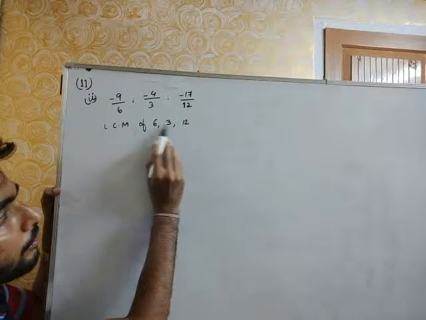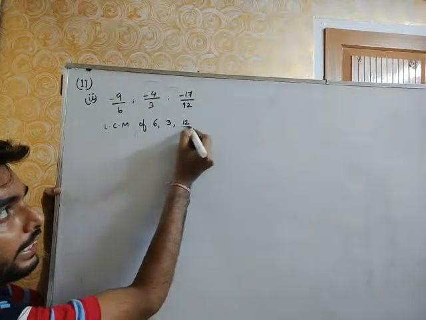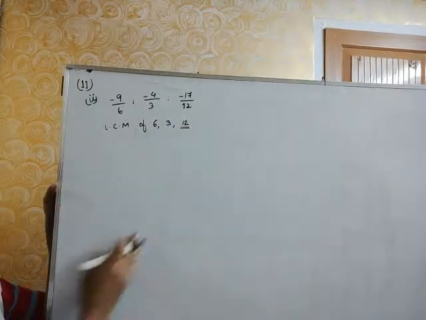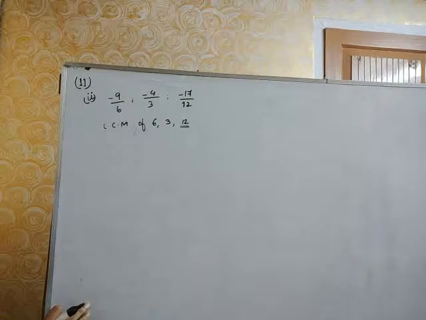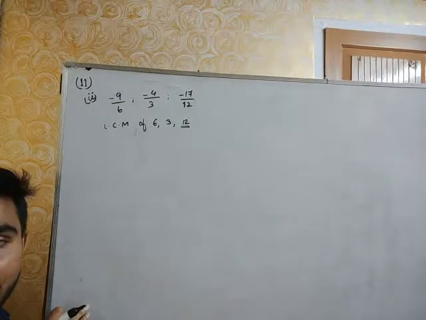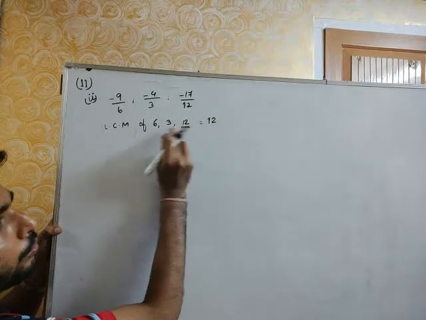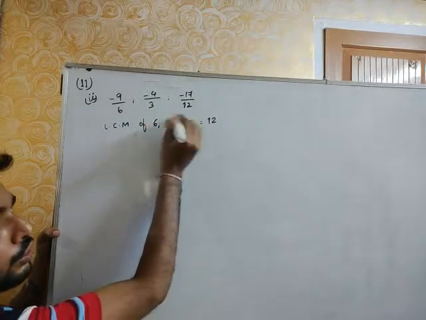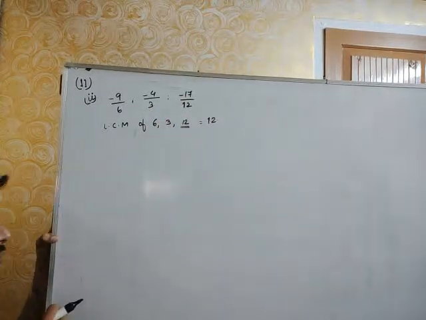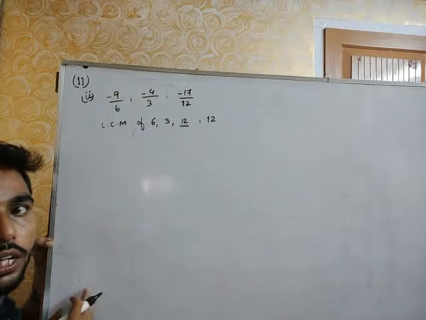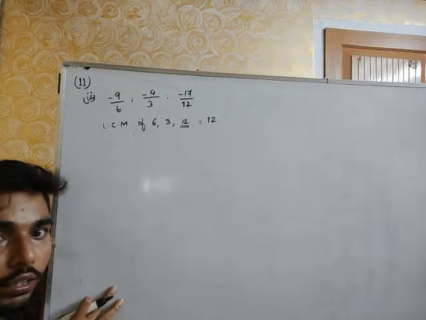Now which is the greatest among all? 12 is the greatest number. 6 is in the table of 12, and 3 is in the table of 12. So the least common multiple will be 12 itself, because both 6 and 3 are in the table of 12.